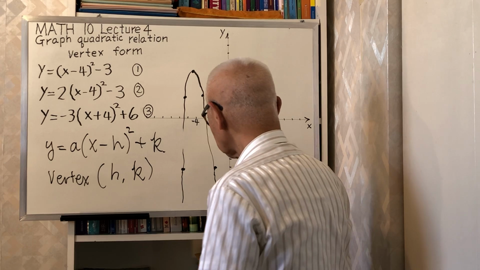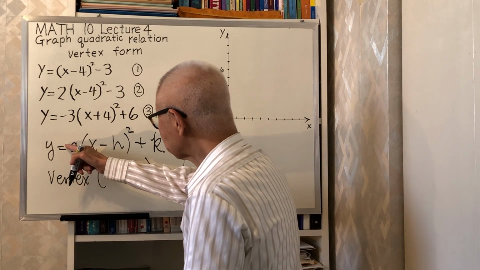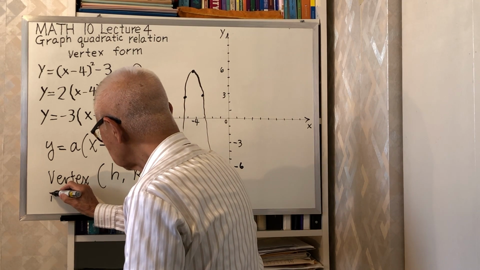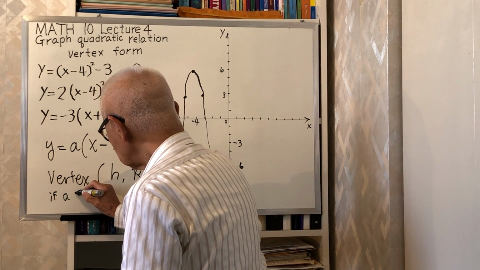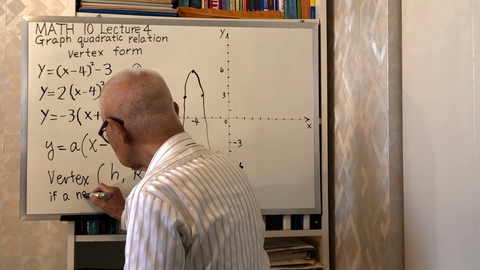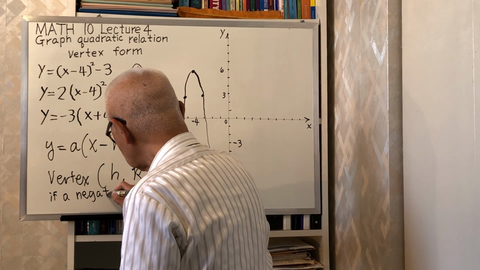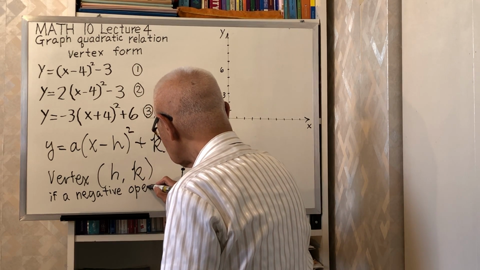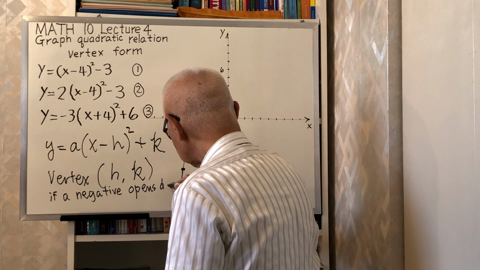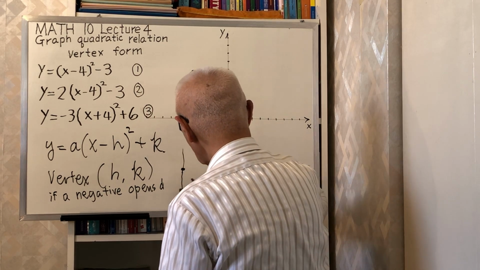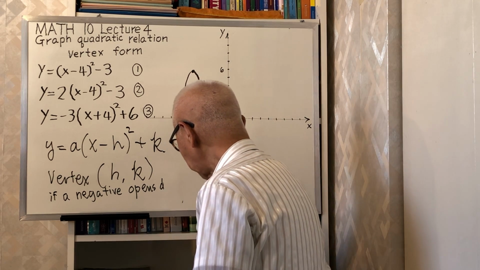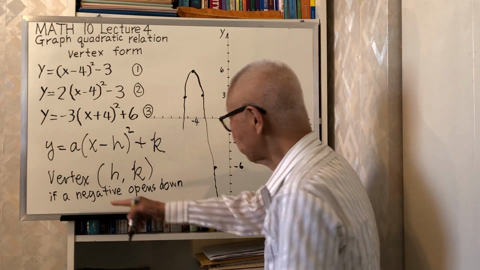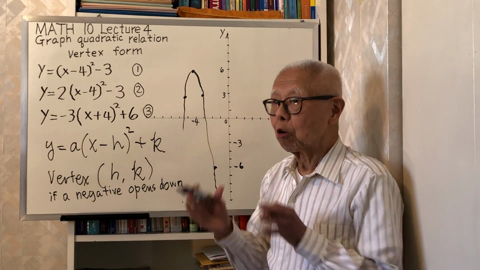If you have a negative sign here, if a is negative, the graph opens down. So I can erase the graph. You already know how to draw the graph. Opens down. In other words, if a is positive, the graph opens up.